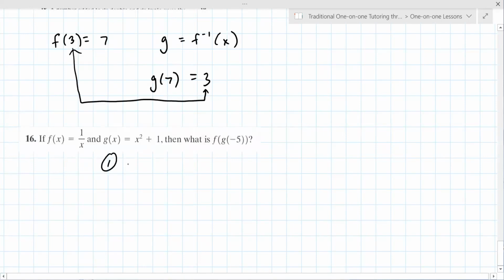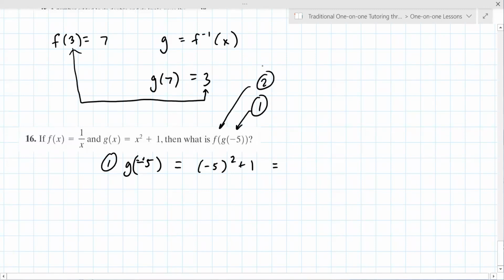First, you have to find g of negative 5, which means to put negative 5 in for x. You have to realize that you do that first and then that second. The quantity negative 5 squared is 25 plus 1, or 26. That is g of negative 5, and it becomes the input to f.